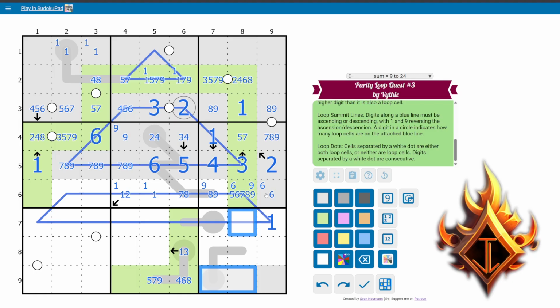Dang, everything is like so close all the time, but then it's like, oh nope, almost gotcha. There's an 8 here, isn't there?